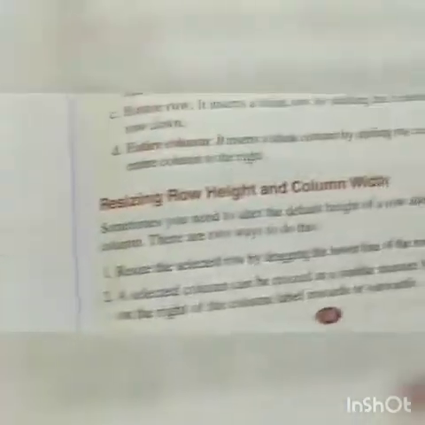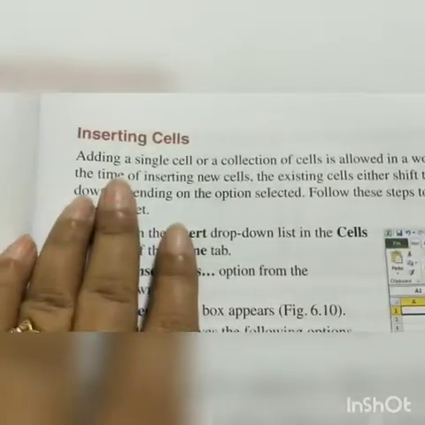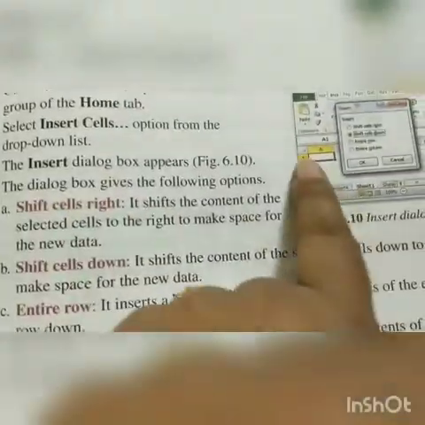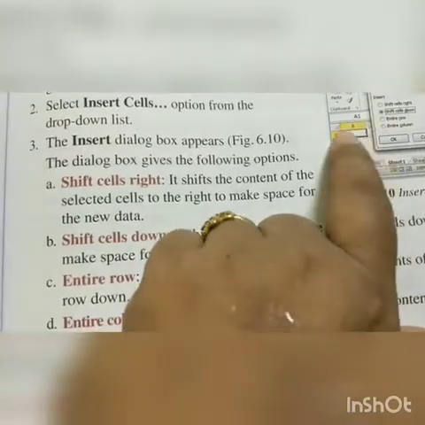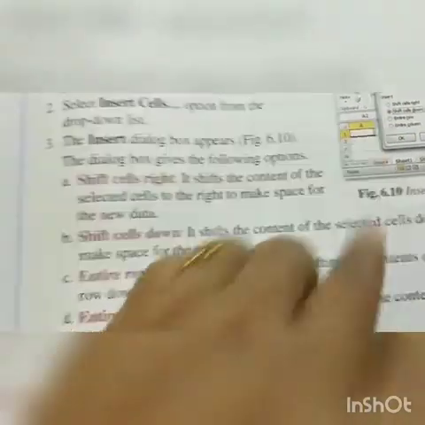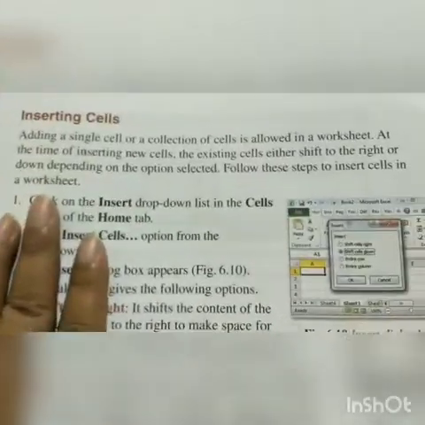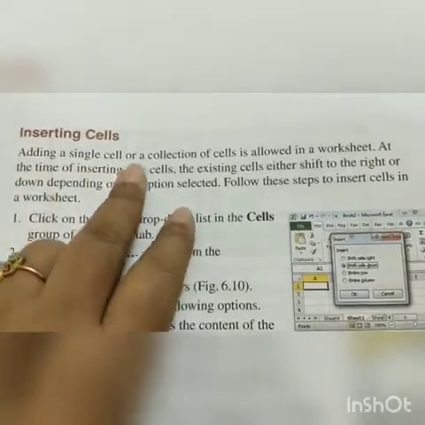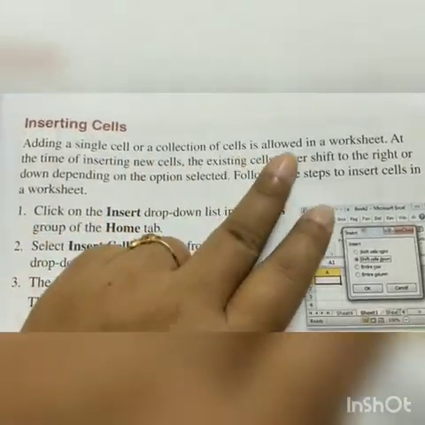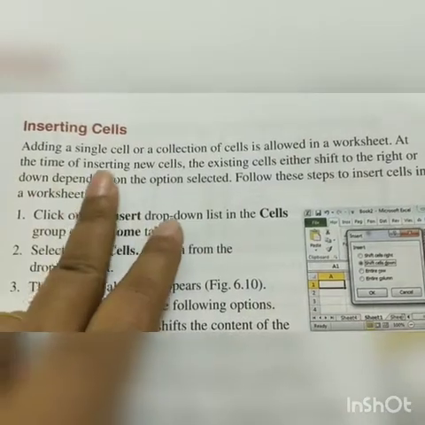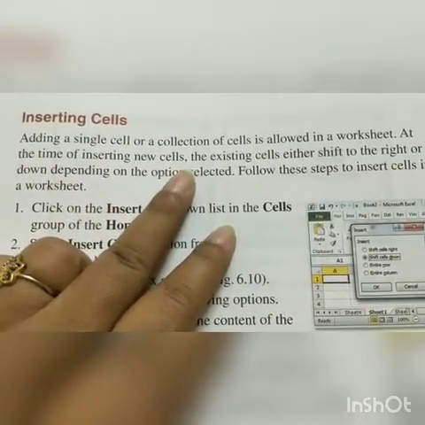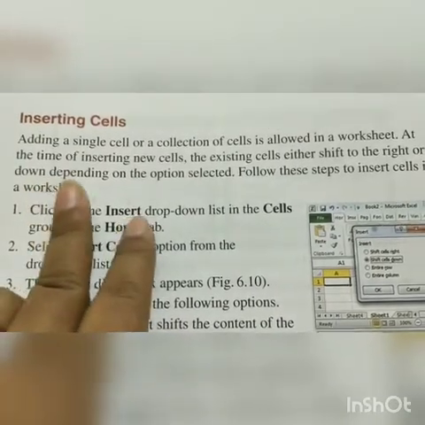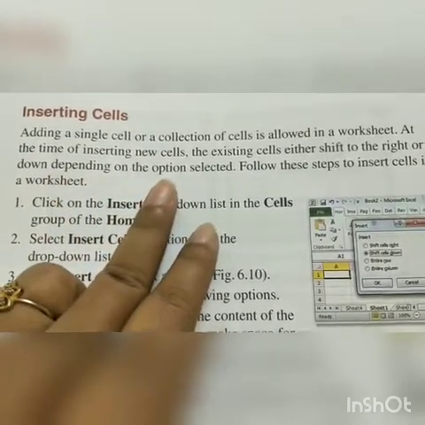Next one, inserting cells. Each box is called a cell. If you want more cells, you can insert them. Adding a single cell or a collection of cells is allowed in a worksheet. When inserting new cells, the existing cells are shifted either to the right or down, depending on the option selected.